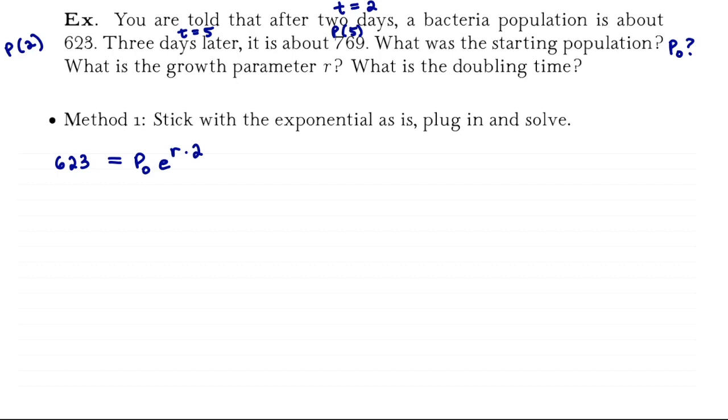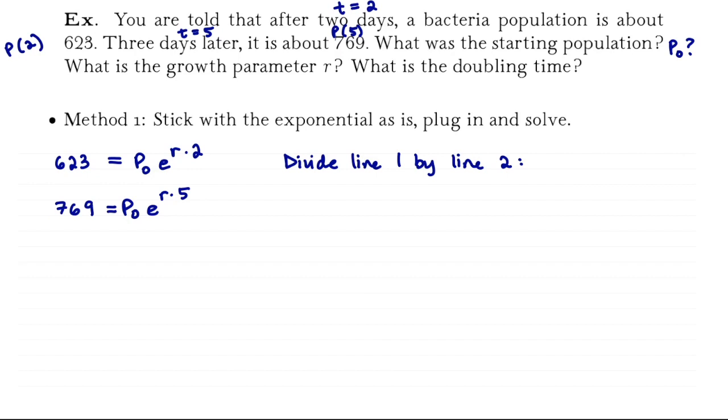The second equation is 769 equals the same unknown starting population, e to the r times 5. Now you have some options here for how you would like to proceed. The way I've written this makes me just think of division. If I divide the left-hand side of the first equation by the left-hand side of the second equation and the right-hand side of the first equation by the right-hand side of the second equation, the P naughts will actually cancel out.